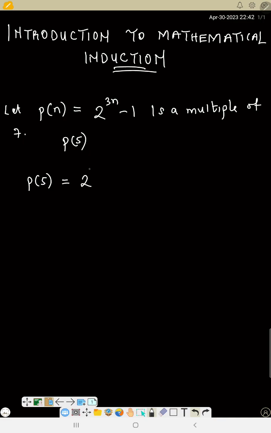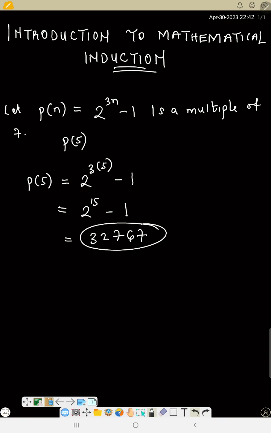So that will be 2 raised to the power 3 bracket 5 minus 1. 2 raised to the power 15 minus 1. So that is 32767. So is this a multiple of 7? Because we said the statement is a multiple of 7.